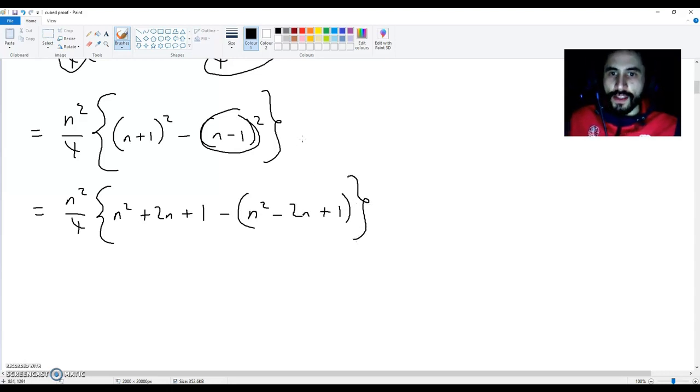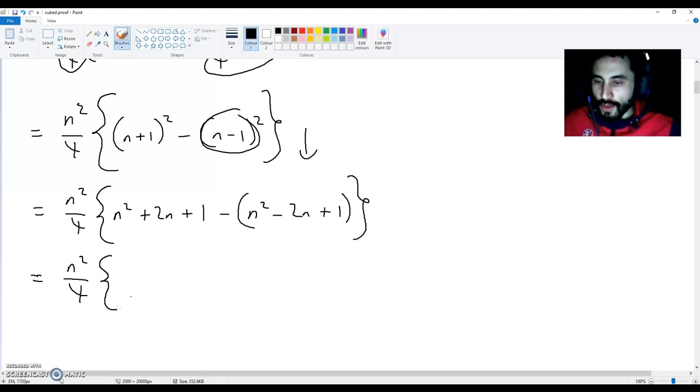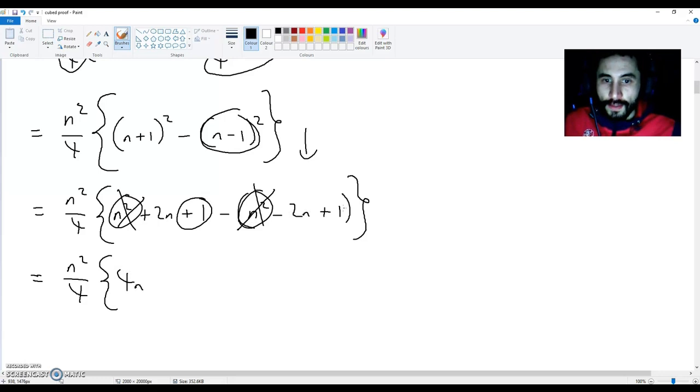Okay, so this up here turns into this, and this is equal to n squared over 4 multiplied by, in brackets, well, we can subtract these. 2n minus minus 2n is actually 4n, and 1 minus 1 is 0, okay?